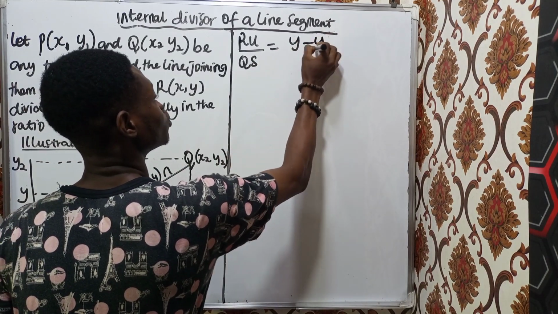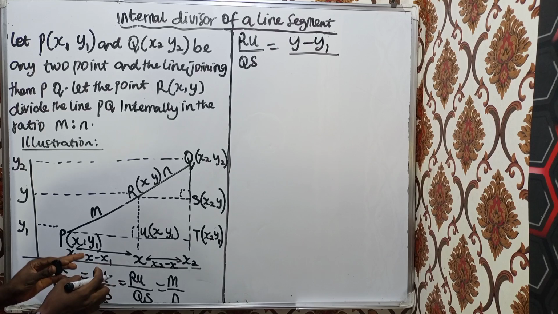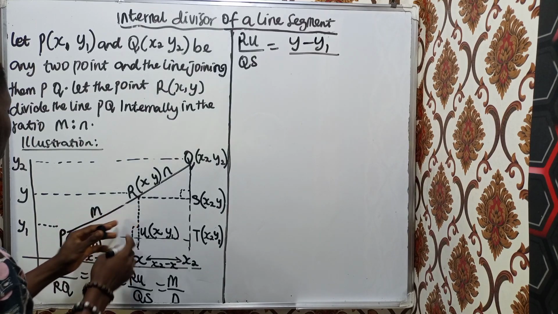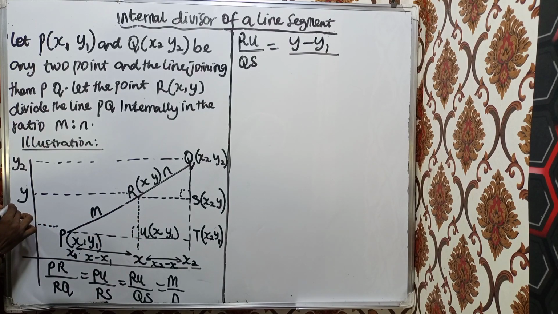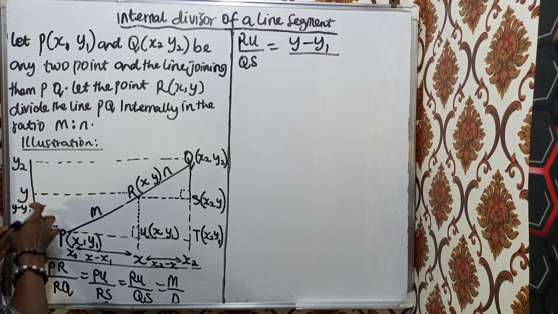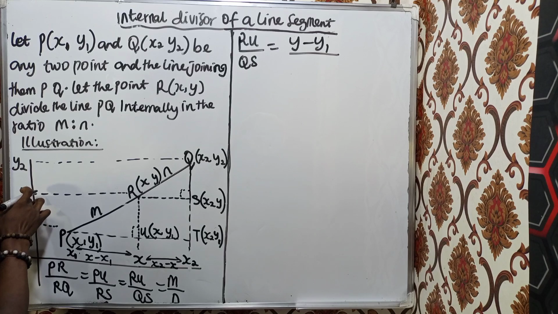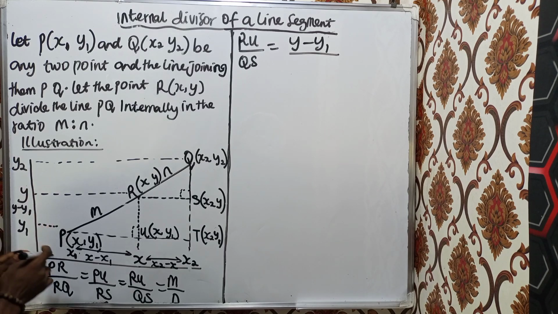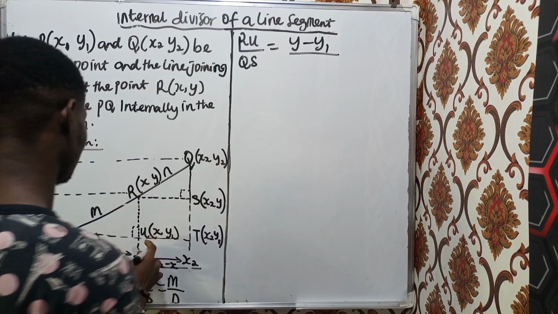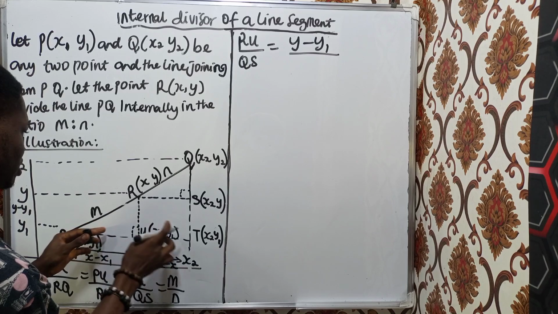So we have minus y1. So here, this place is supposed to be y minus y1. You understand? This is RU. So to get this place, it will be this y minus y1, all over QS.